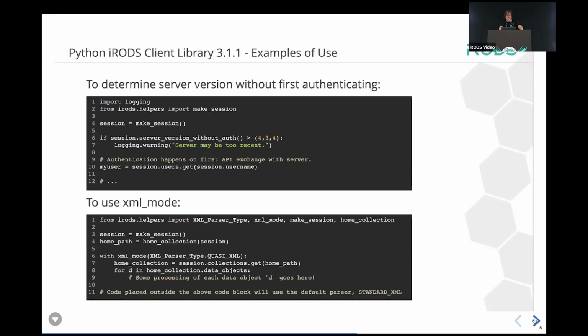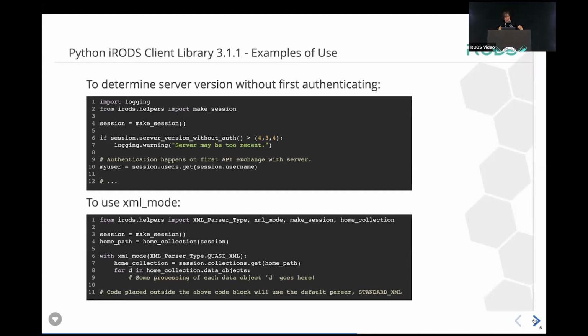Quickly? Okay. This is just to illustrate a couple of the new devices we put in. This is getting a server version without first authenticating on the top, and at the bottom, this is temporarily, for a range of lines of code, changing your choice of XML parsers.